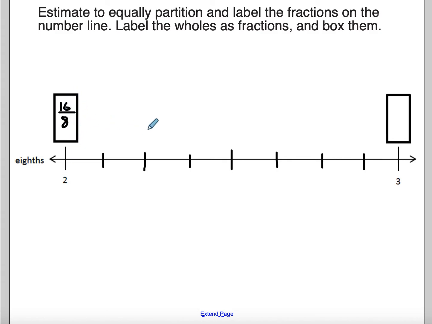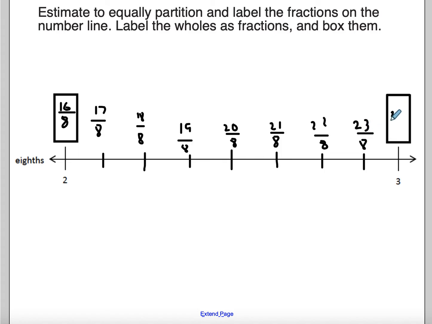So I'm going to count up by eighths until I get to 3 wholes. So after one more eighth would be 17/8, 18/8, 19/8, 20/8, 21/8, 22/8, 23/8.